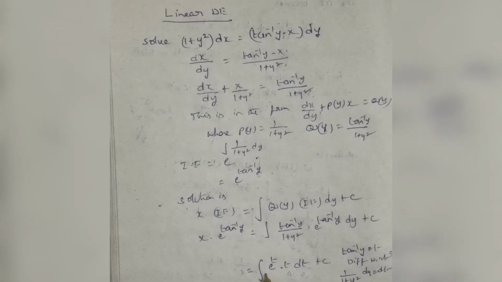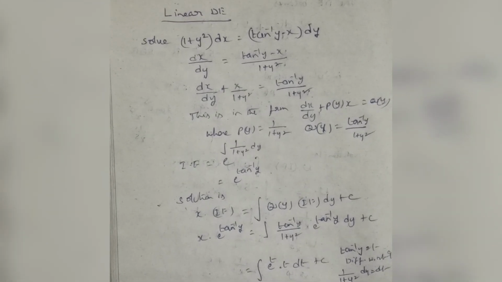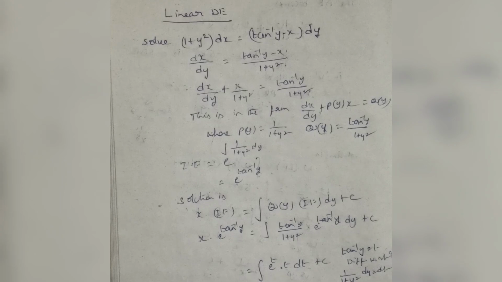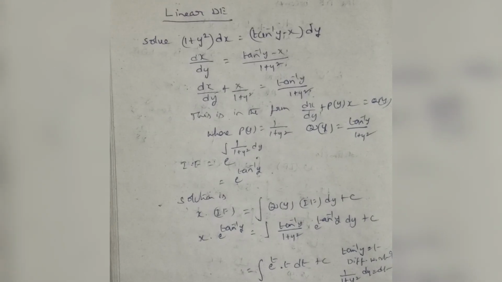This is the formula: integral e power x into x dx equal to e power x of x minus 1. This is the formula we get by integration by parts.